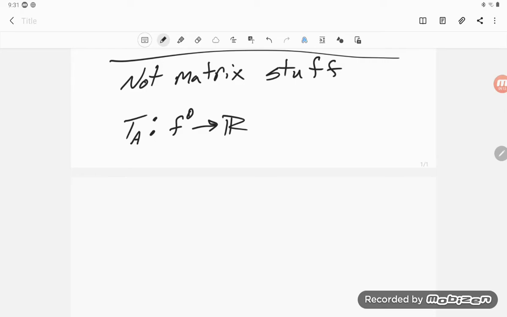So I'm going to have a transformation that goes from continuous functions to the real numbers. And what that's going to be is defined as T_A of some function f of x is just the definite integral from 0 to 1 of f of x dx.